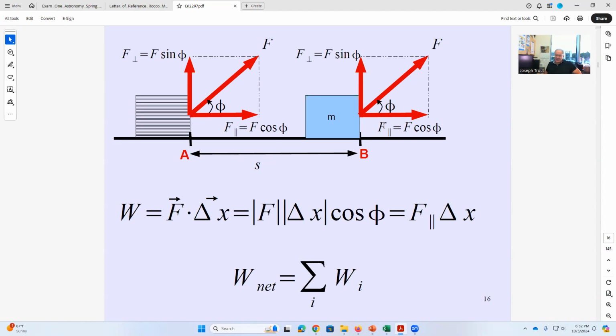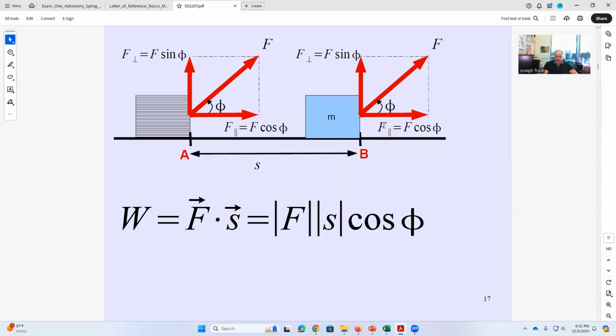By the way, the net work is equal to the sum of all the works. So here we only considered the force that we applied. What we'll say from now on is that the work is equal to the dot product of F, the force, dotted to S, the displacement, which is equal to the magnitude of F, the magnitude of S, times the cosine of the angle between them.